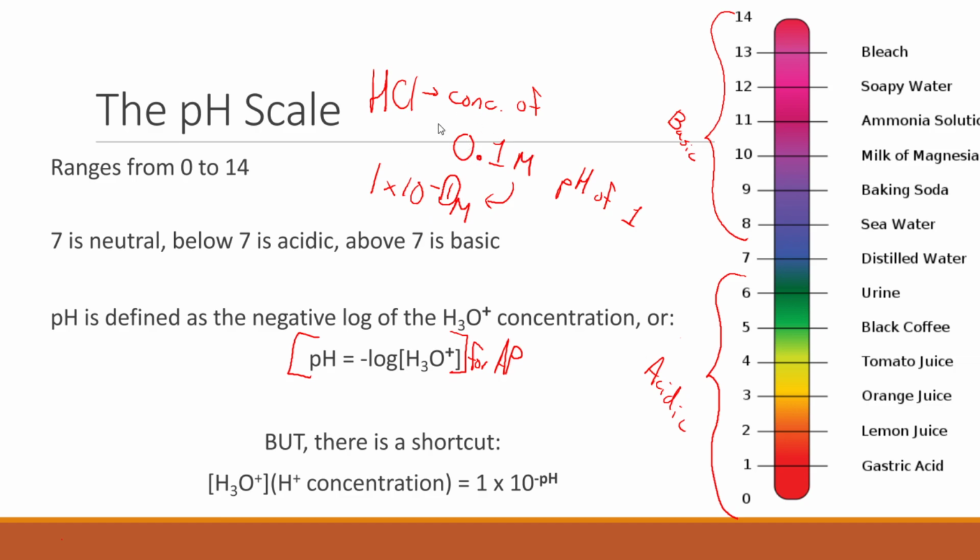So if I have HCl with a concentration of 0.01, now when I put this into scientific notation, it's 1 times 10 to the negative 2, which means my pH is 2.